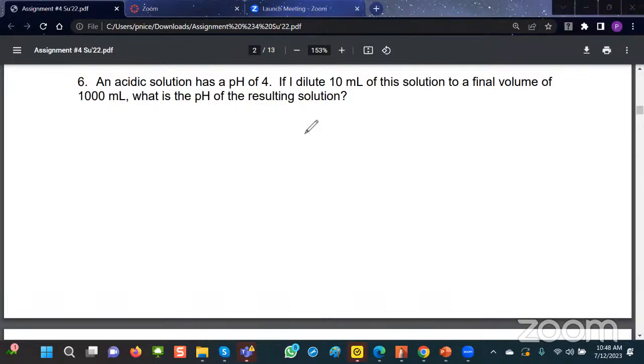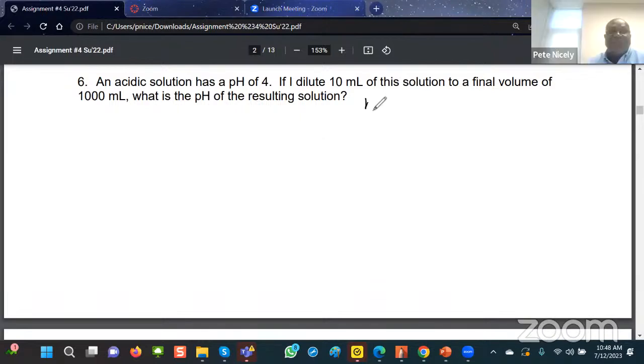M1V1 equals M2V2. Exactly. I like to use C1V1 equals C2V2 because C1 and C2 can be expressed as molarity or any other forms of concentration, but either will do. Okay, so based on that, and based on what we just learned about pH, how would you tackle this problem?